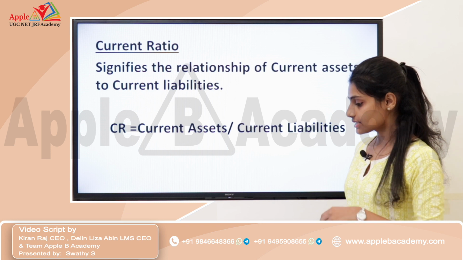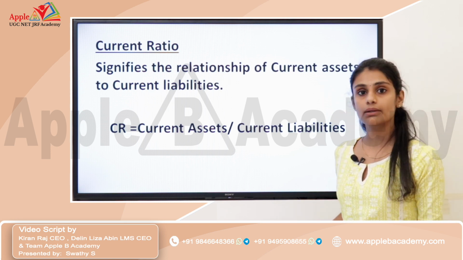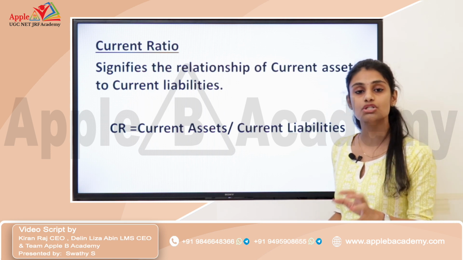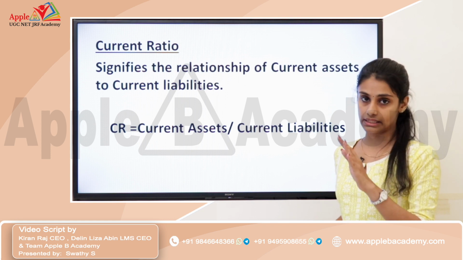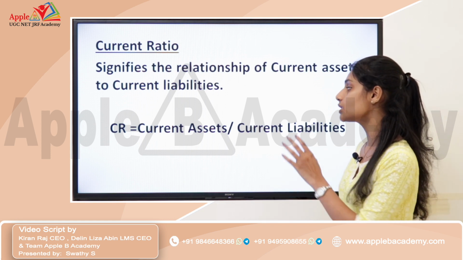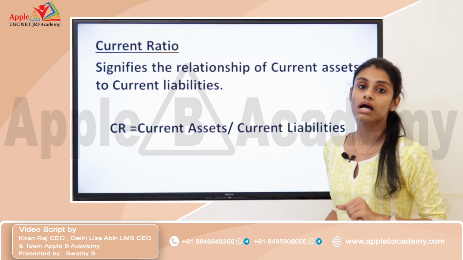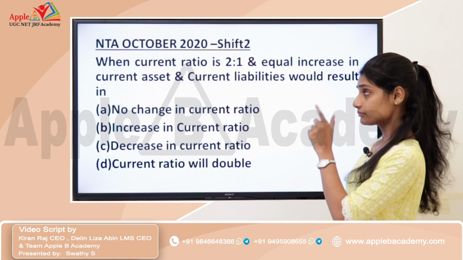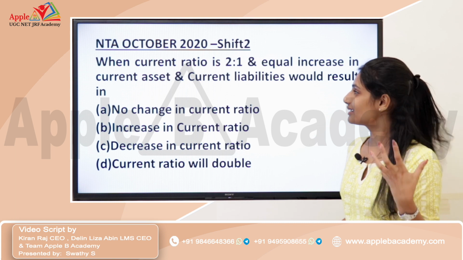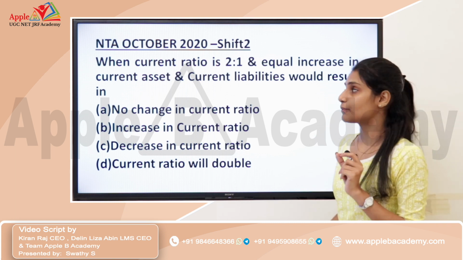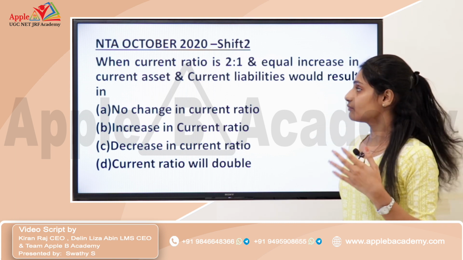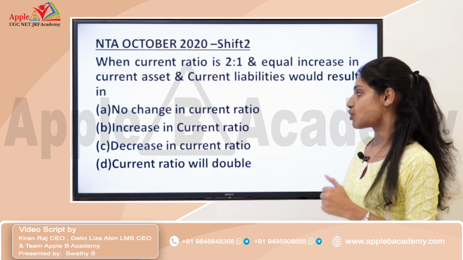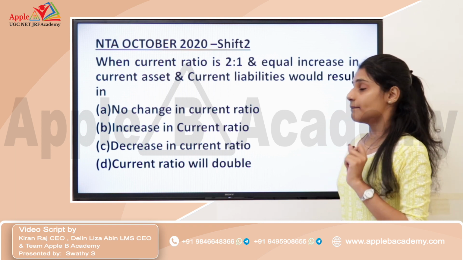Anyway, let's check what this current ratio is. I already mentioned current ratio is the relationship between current asset and current liability, which you can calculate with this equation: current asset divided by current liability. Moving back to this question, to make it more clear we can do a problem connected with this, which will give you more understanding, and we can solve the answer based on that.